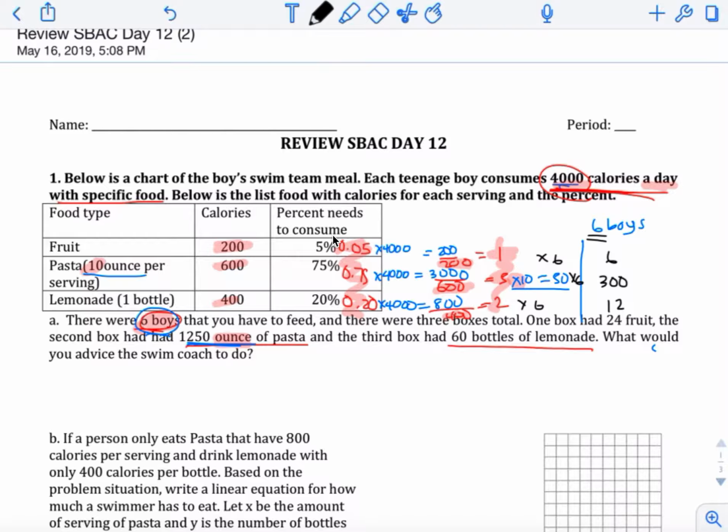Therefore, need to return... Okay, let's subtract it and find out what you need to return, all right?